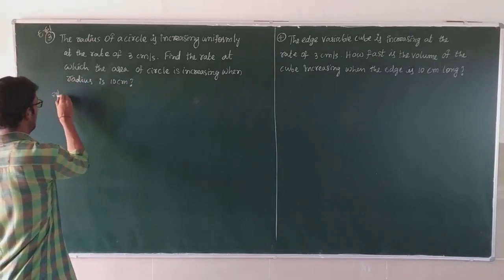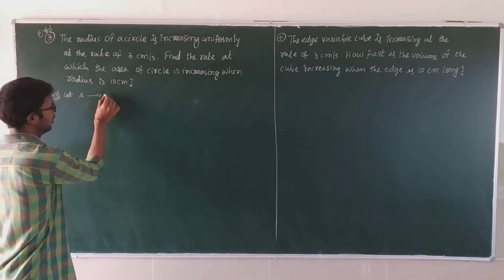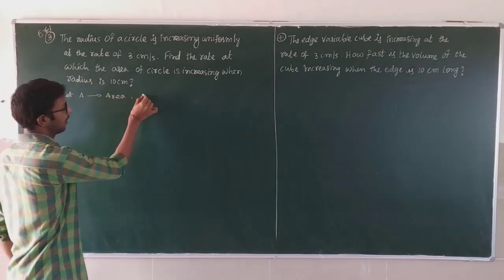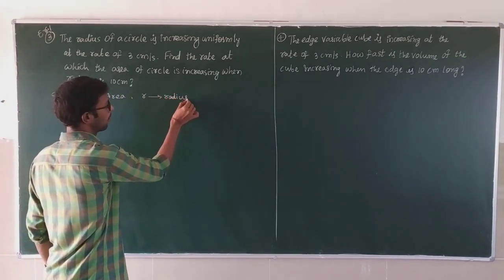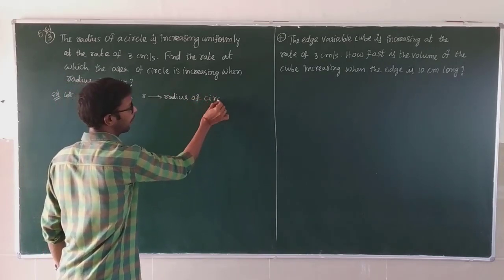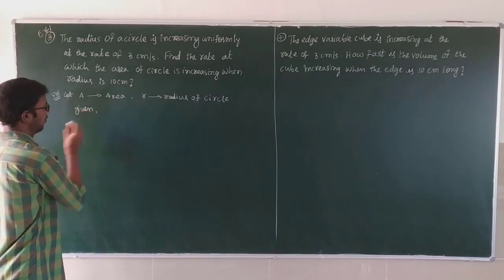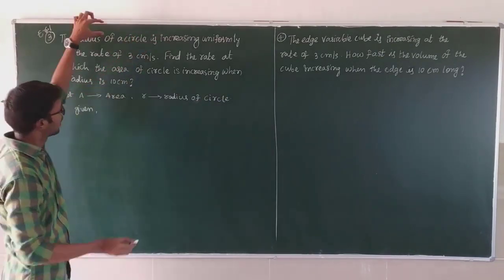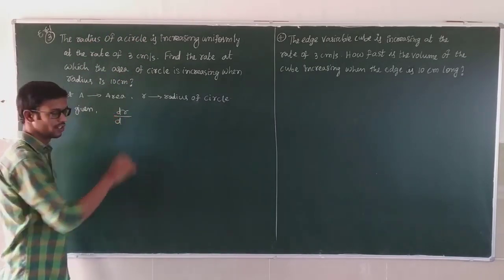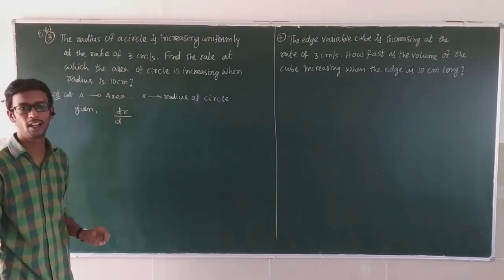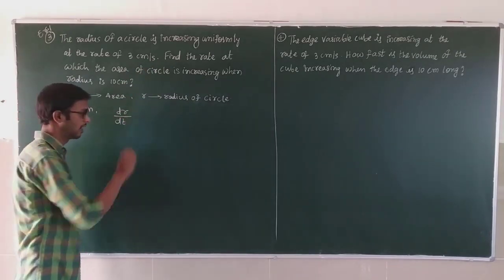So first I will write: capital A is the area, r is the radius of the circle. Given that the radius is increasing, that means changing with respect to time, the variable is t.